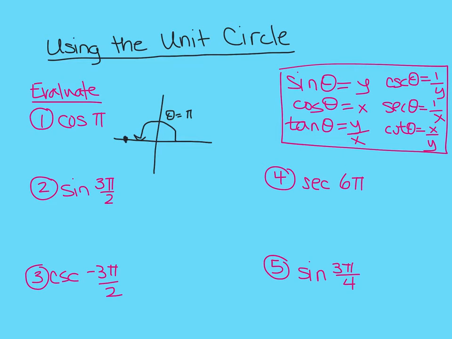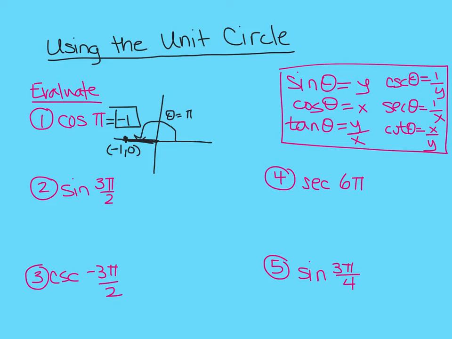It's 1 away from 0, 0, because the unit circle always has a radius of 1. So that point is at -1, 0. Cosine is our x value, so my answer for this one is -1.